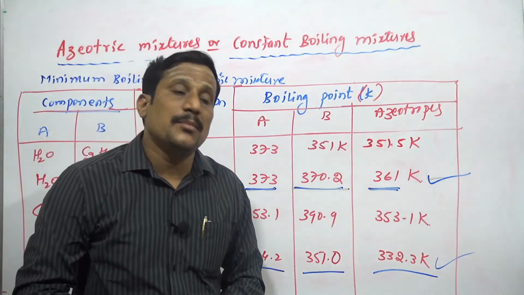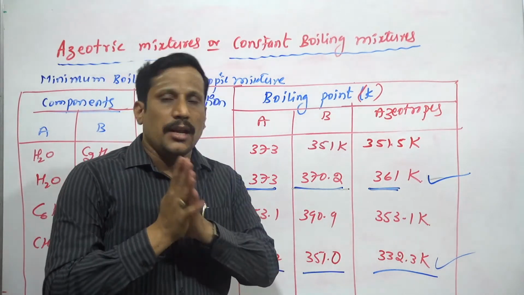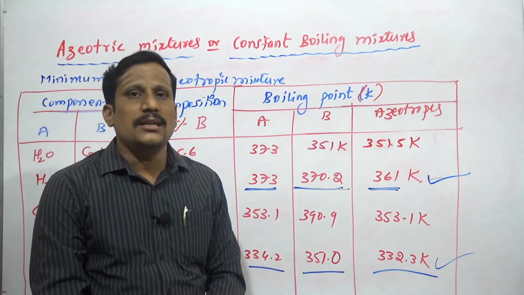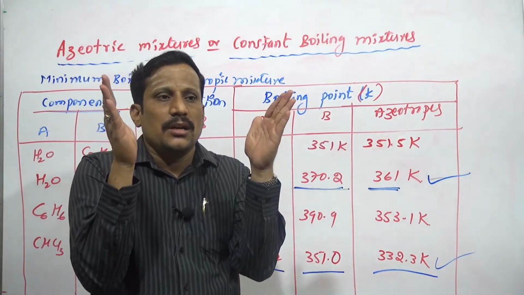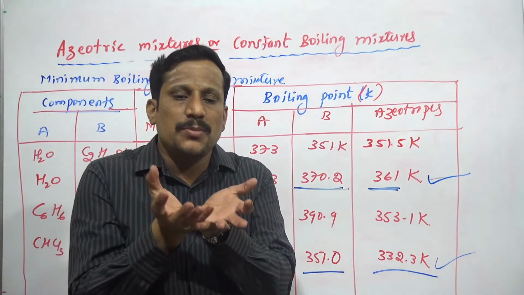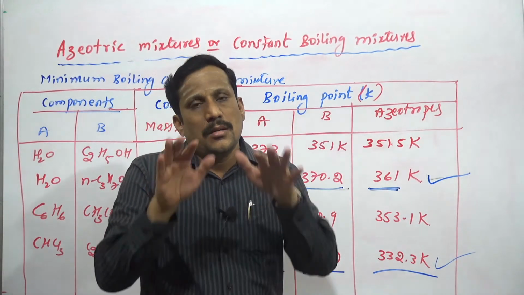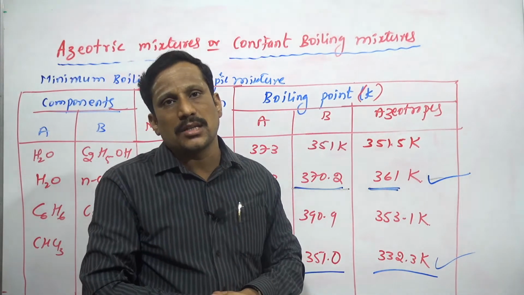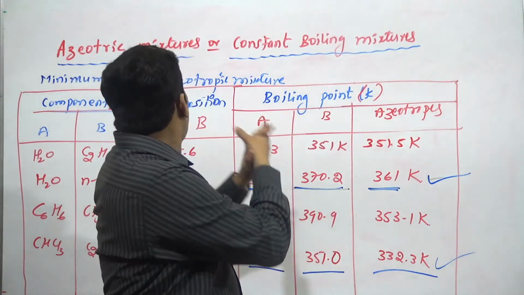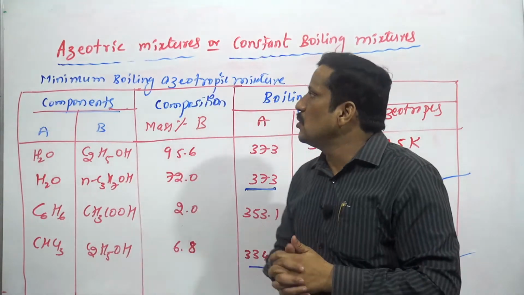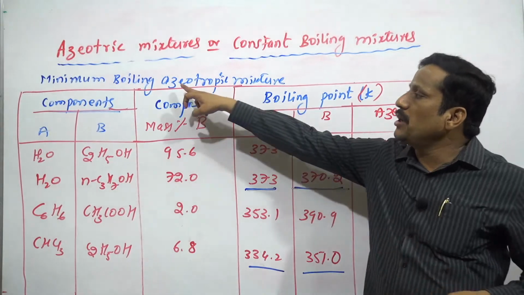Right? So, understand this much. Any liquid which has more vapor pressure boils at lower temperatures. Right? I am talking for the solution which shows minimum boiling azeotropic mixture.